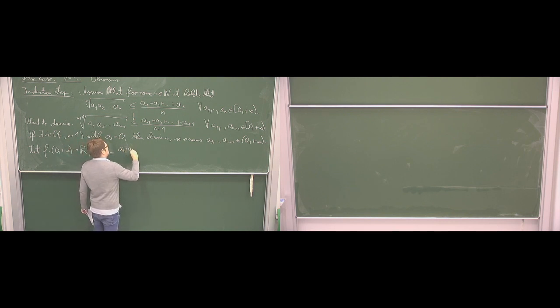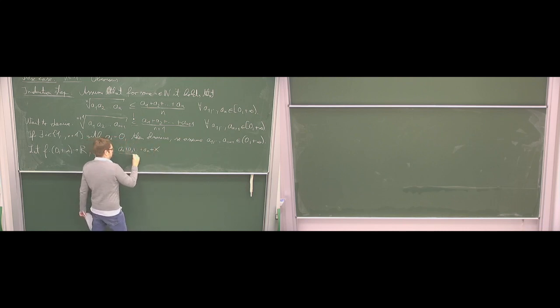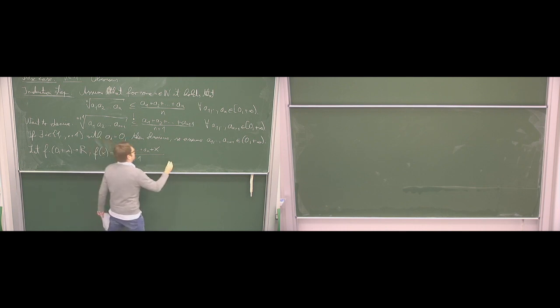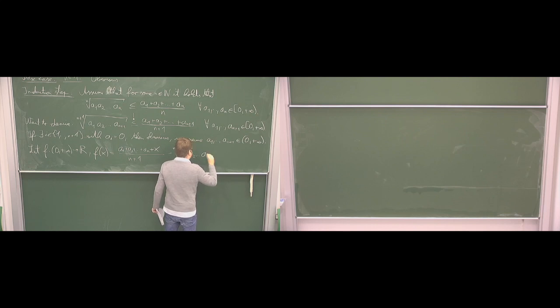a1 plus a2 plus and so on plus an plus x. So this is really the last of the numbers that we consider, divided by n plus 1, minus the n plus first root of a1, a2 to an times x.